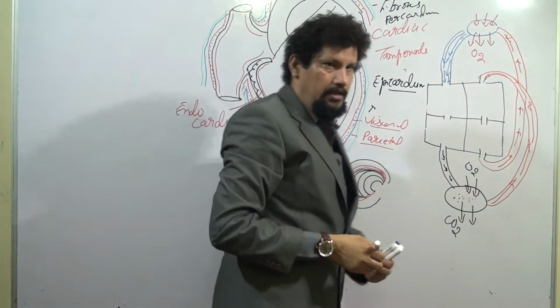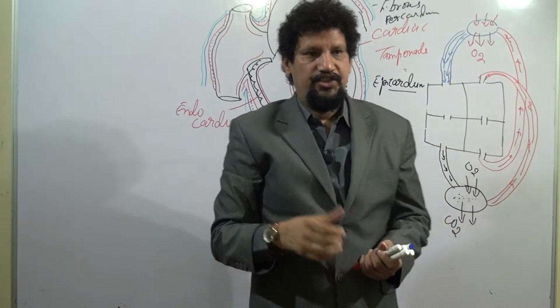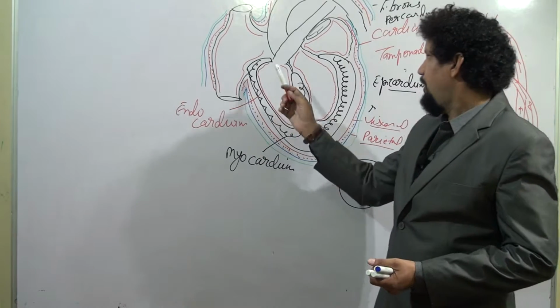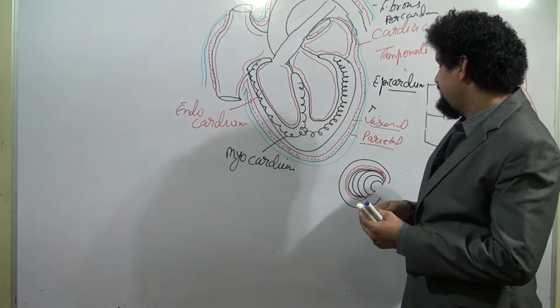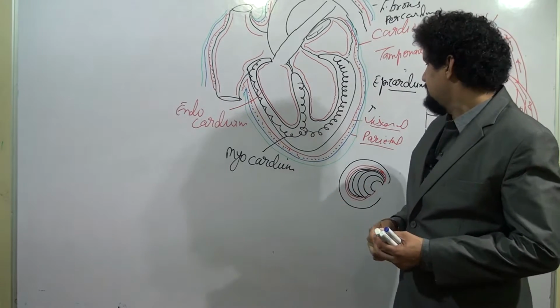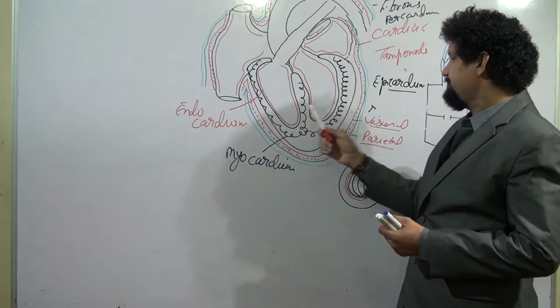So the heart has three layers in its wall chamber. The outermost layer, which is formed by the visceral layer of serous pericardium, is known as the epicardium.